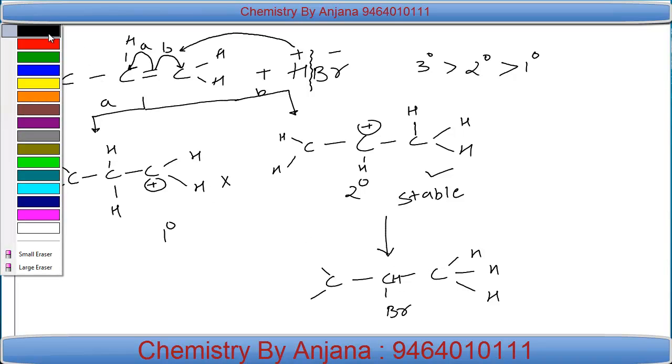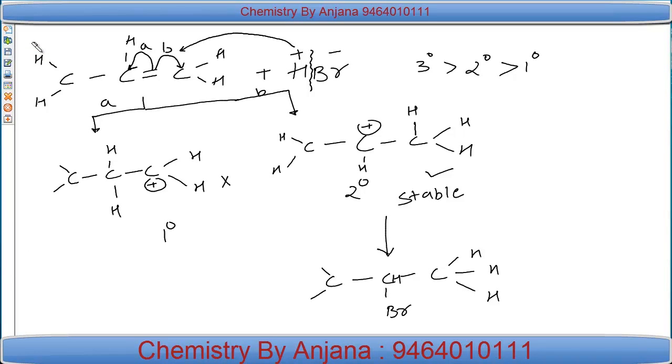सो इसमें अगर हम बिफोर एंड आफ्टर देखें, क्या कंपाउंड हमने लिया था और हमको क्या कंपाउंड एंड में मिल गया.